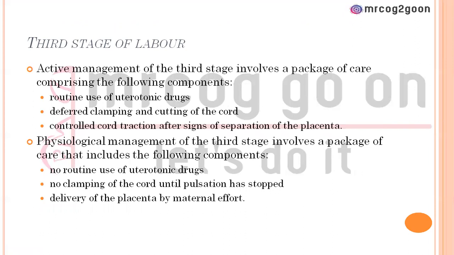Third stage of labor, we have either active management or physiological management. Active management involves a package of care: routine use of uterotonics, deferred cord clamping and cutting, and controlled cord traction. Here, with physiological management, we will not do any of this: no routine use of uterotonics, no clamping, and delivery of the placenta by maternal effort alone.